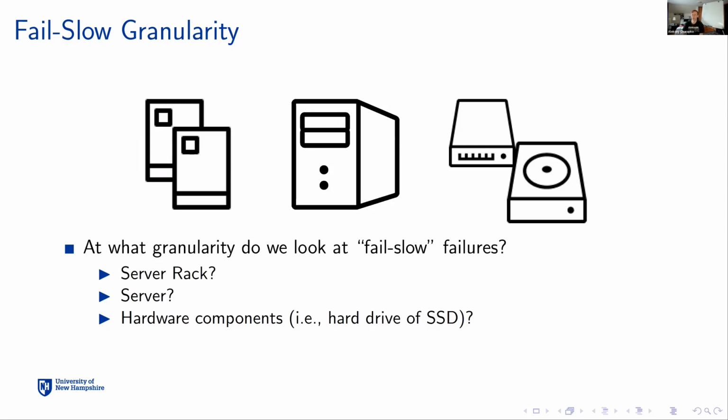So those slow failures at the component level show themselves as higher tail latency, which may be more difficult to diagnose and to find. That's the problem that the authors of this paper were after. They wanted to know not just what server potentially has a fail-slow problem, but maybe what component, what SSD or what hard drive within that server is the culprit.